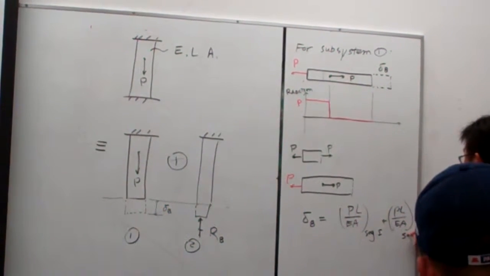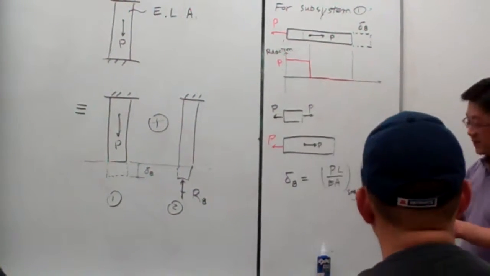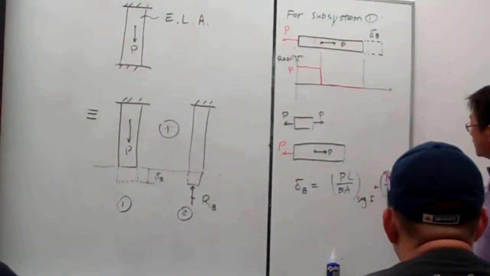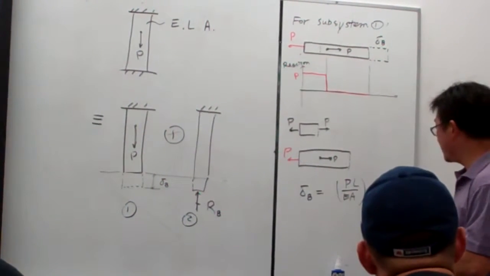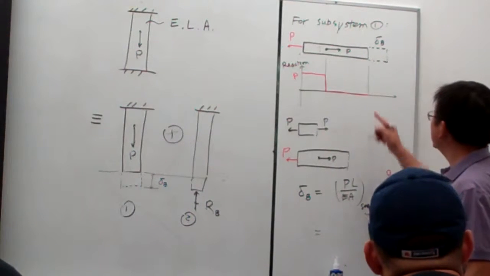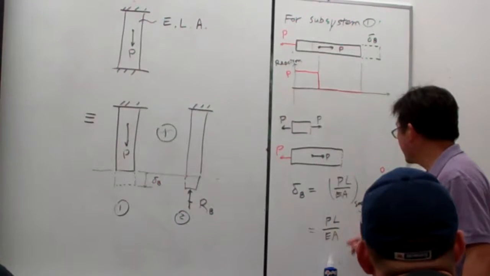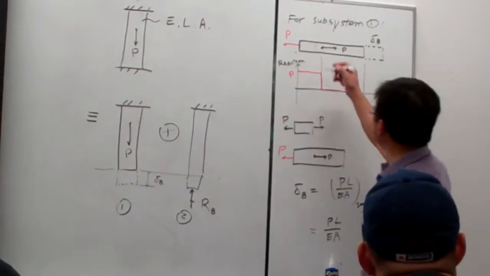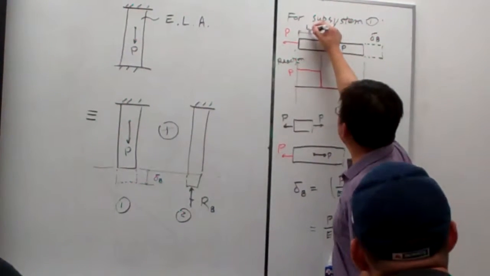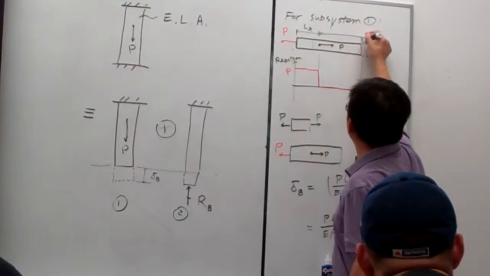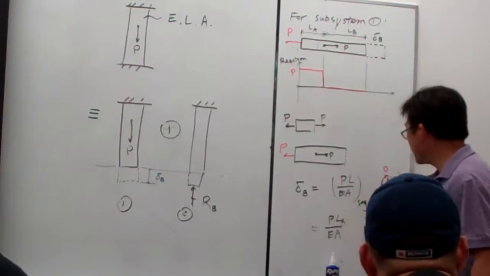And for segment 2, P is equal to 0, so we don't need to calculate. So for this case, this will be equal to PL over EA. And L, for example, let me call the first segment LA, and the second one LB. So here should be LA, right?